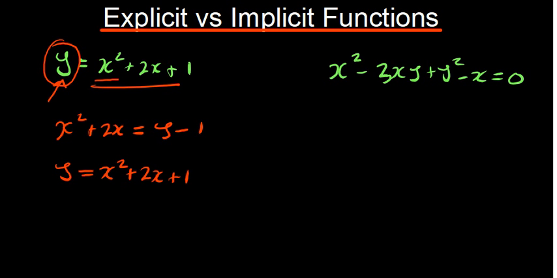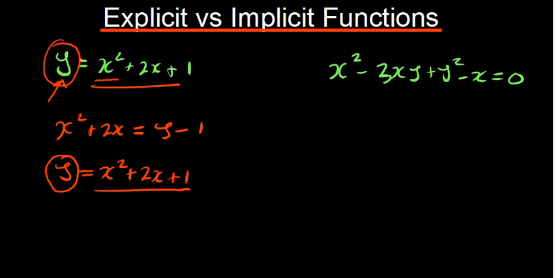This becomes an explicit function because I'm able to write my dependent variable in terms of its independent variable, which is x here. So our y depends on our what? Depends on our x.